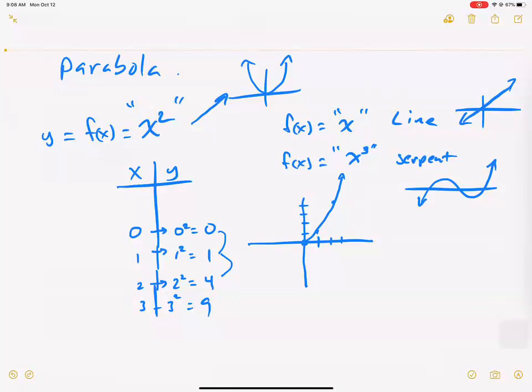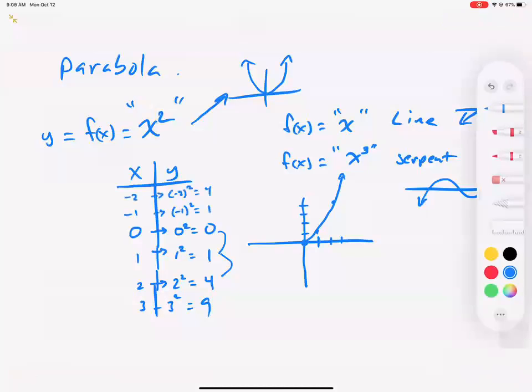All right, going on the left side, let's do -1 on top. Now, here's the thing about x squared. Whenever you square a number, it becomes positive. Whenever you square a number, this -2 becomes positive. Now, if you notice, these values start to repeat, because when you square a number, it becomes positive.